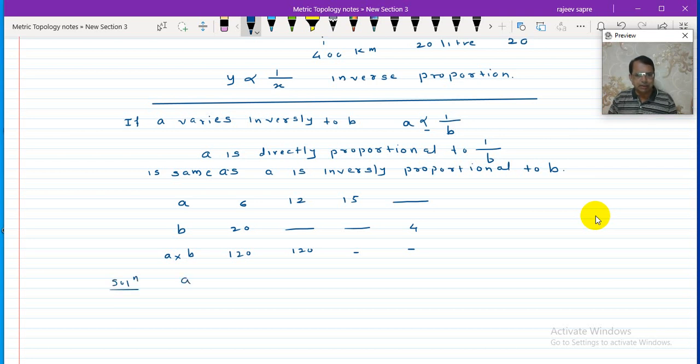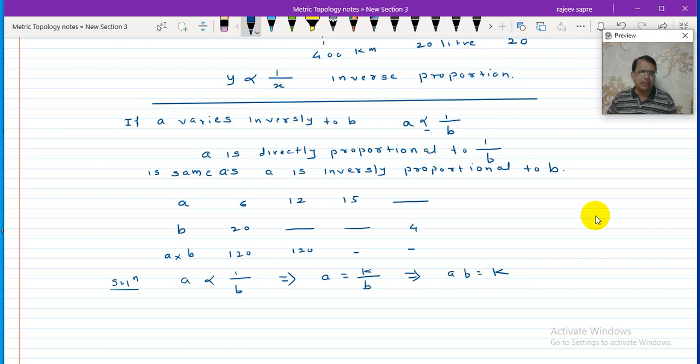See, A is inversely proportional to B, that means this implies A is equal to k/b, and that means what does it imply? क्रॉस मल्टिप्लाय जर आपण केलं तर त्याचा अर्थ ए बी इज इक्वल टू के. सो दिस के इज कॉन्स्टंट. प्रोडक्ट ऑफ दोज टू व्हेरिएबल्स इज कॉन्स्टंट whenever both are inversely proportional to each other.